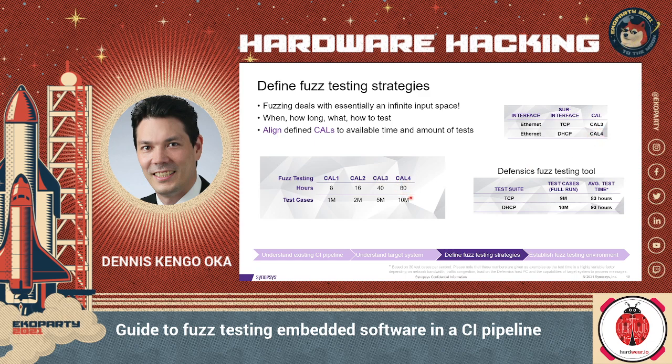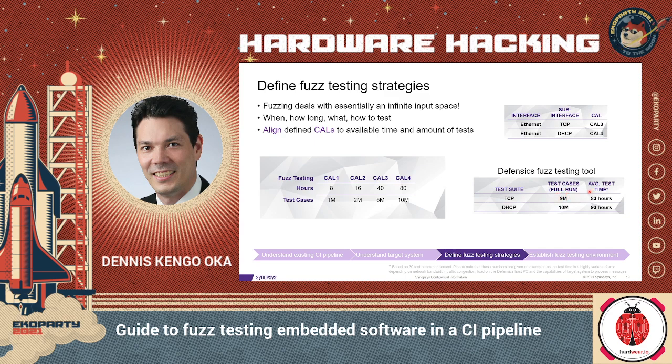Just to give an idea of how many test cases we could run using the Defensics fuzz testing tool, for the TCP test suite in the full run configuration, we have 9 million test cases with an average test time of 83 hours.